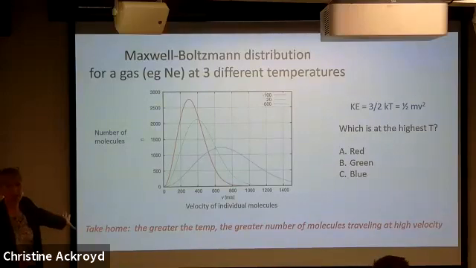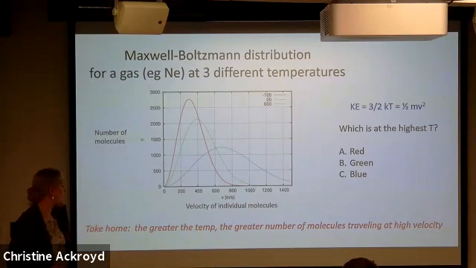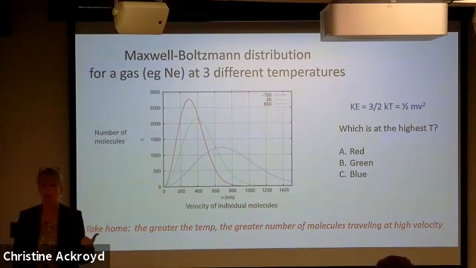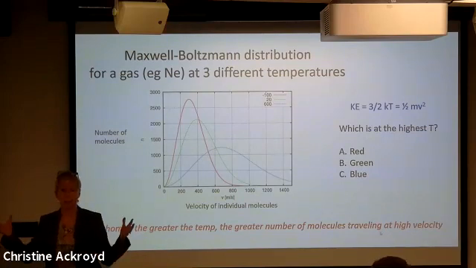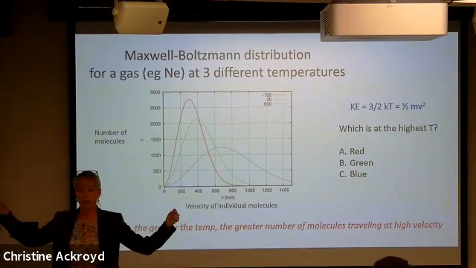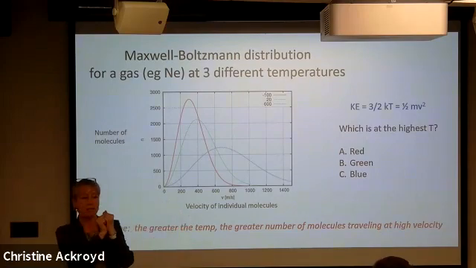So this plot shows what you already know, which is as the temperature goes up, you have more molecules traveling at higher velocity. Why does that matter? Most reactions happen because you have a collision between molecules. They have all of this energy associated with their motion, and then they collide, smack into each other. What happens to their velocity?